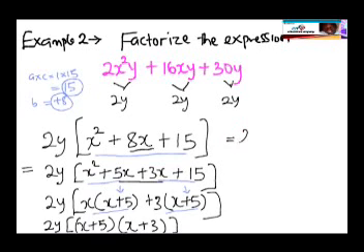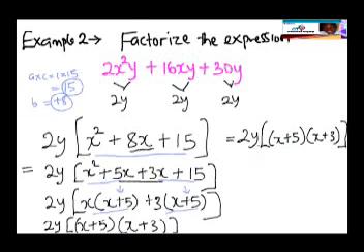What that means is that I'm having 2y all in a bracket, x plus 5, x plus 3. Now I can remove this big bracket, because everything here has been factorized in a product form.